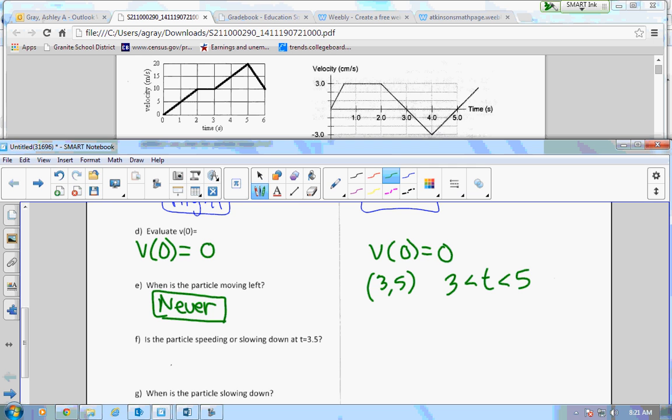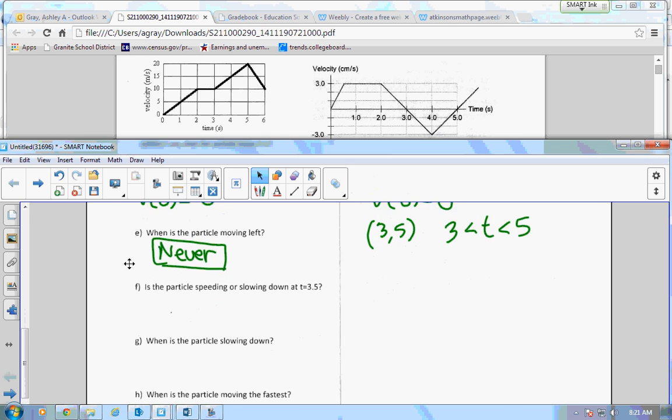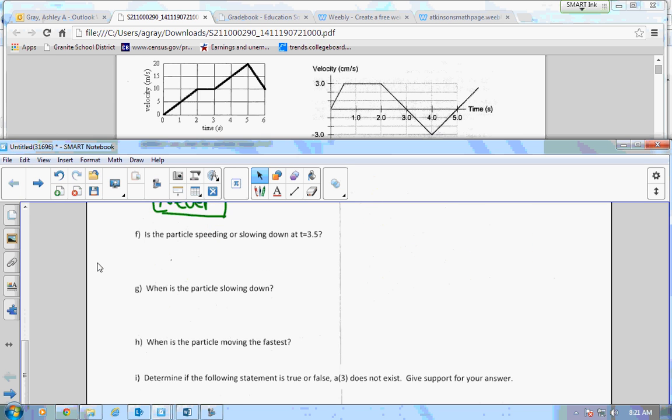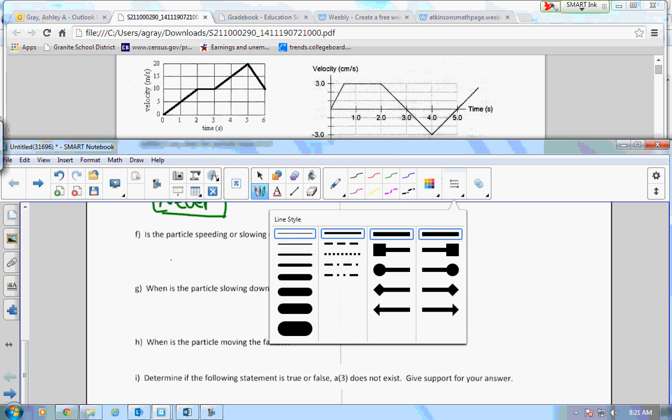Is the particle speeding or slowing down? Okay, speeding, double E, meaning it has to be the same. You know it's speeding if acceleration and velocity are the same sign. So what I'm going to write right now is just notes.